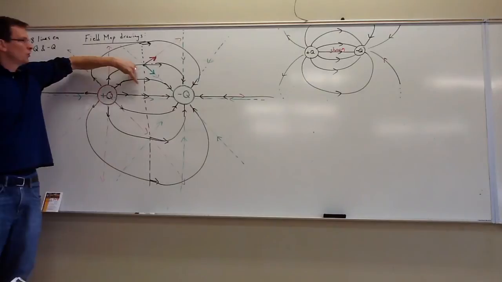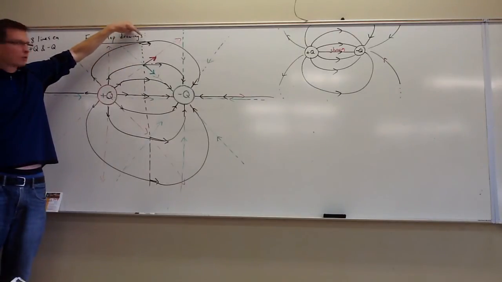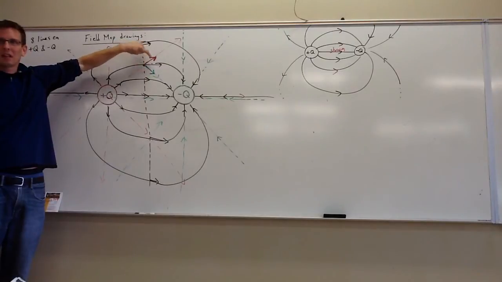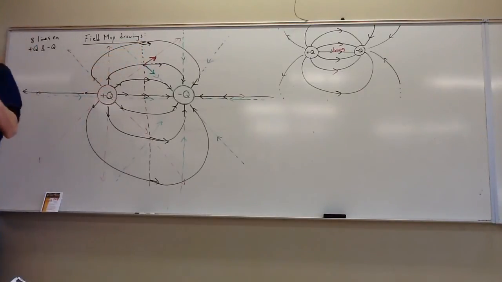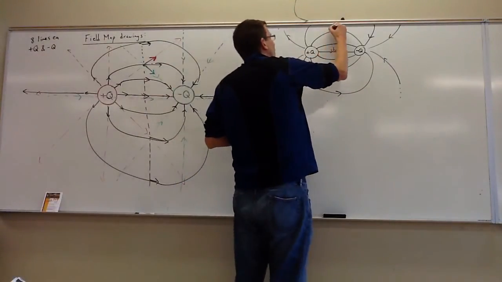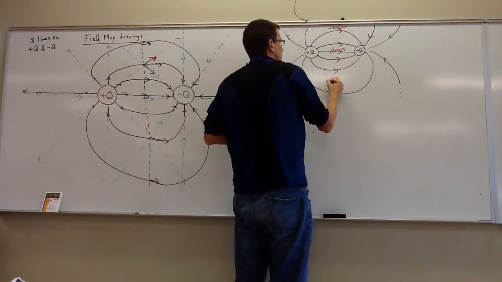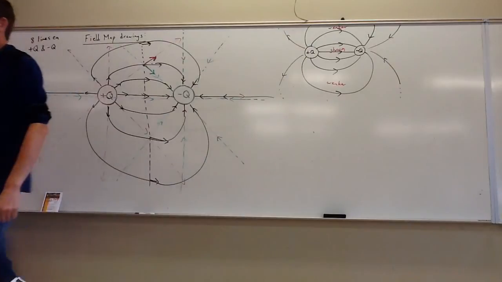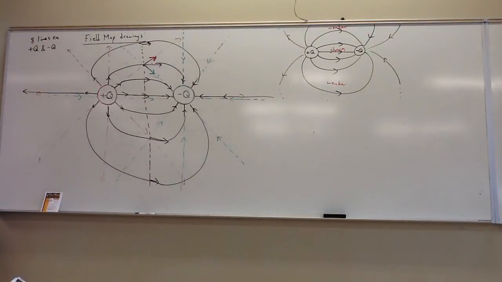As you start to move off on the perpendicular bisector, the two contributions start to have significant components that cancel, right? Because the y components cancel and only the x components are left, and you're just getting further away from the charges in general. So the electric field should get weaker as you go out here. And I've tried to show that by showing the field lines getting further apart. So the line density is getting more sparse.